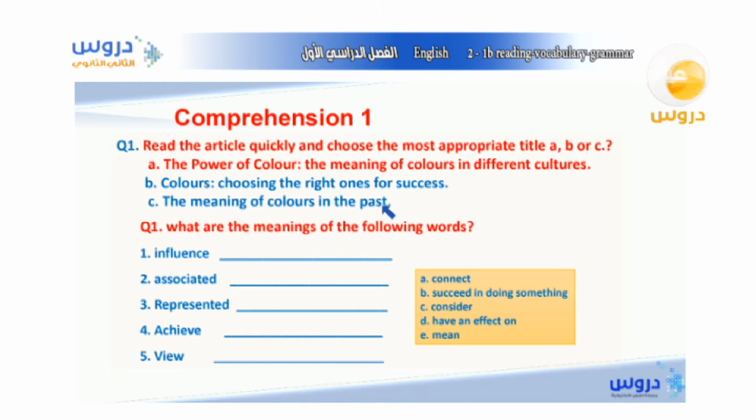Or C: the meaning of colors in the past? As I read for you two passages about colors, which one do you think is the best title for all the text?